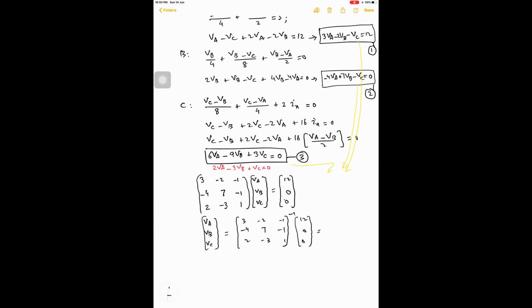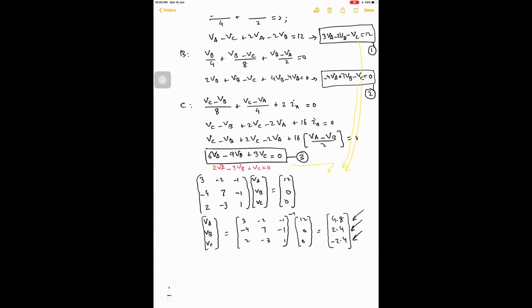If we solve it, the voltages will be 4.8, 2.4 and minus 2.4. This 4.8 means VA is positive with respect to ground, and the voltage drop from VA to the ground is 4.8 volts. 2.4 volts: VB, the polarity of the B node with respect to ground is positive, and the voltage is 2.4 volts.